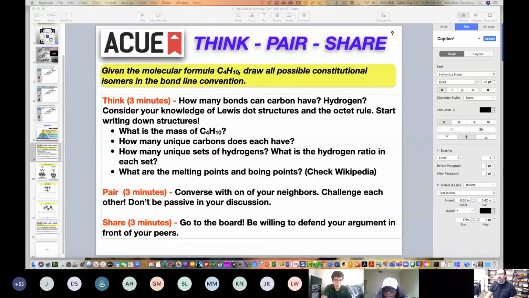Let me just explain to you some of the logic that's going on here. Notice the ending of those isomer names. They end with ANE. From the ending, you can then know that they are alkanes.